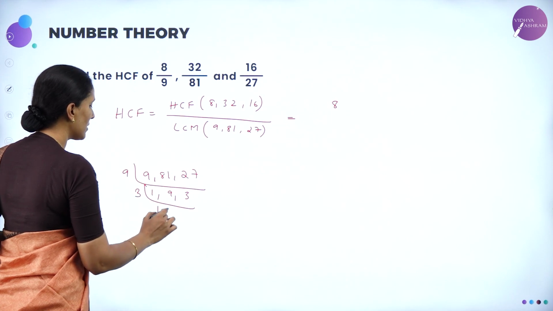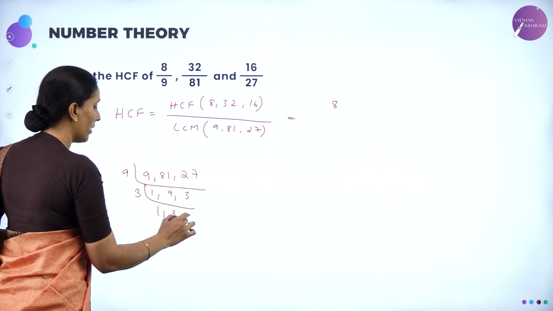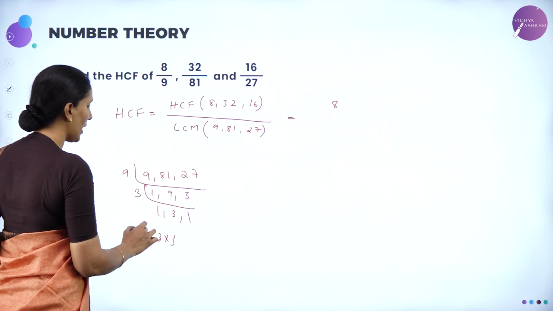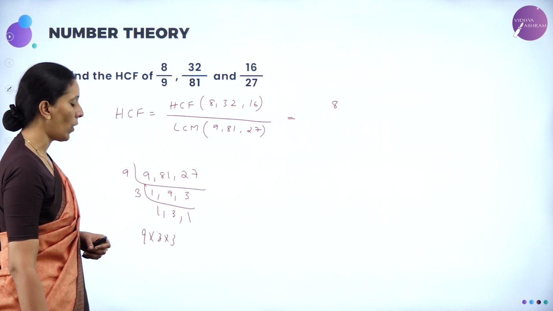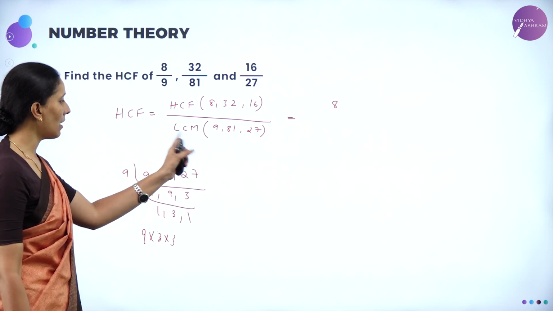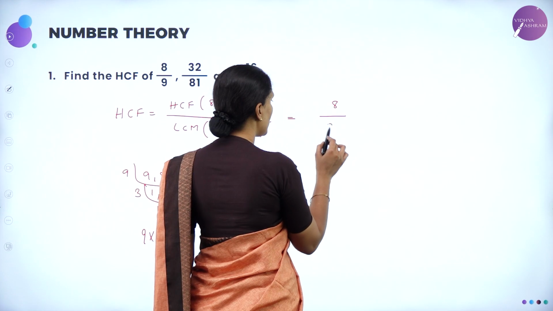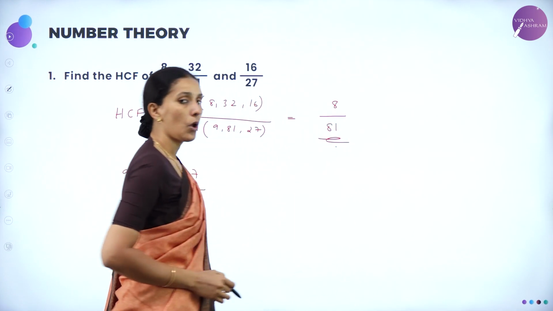Next we have 3 ones are 3, 3 threes are 3, 3 ones are 3. So we can write it as 9 into 3 into 3. 9 nines are 81. So 81 is the LCM which is divisible by all these three numbers. Therefore the LCM of these numbers is 81.